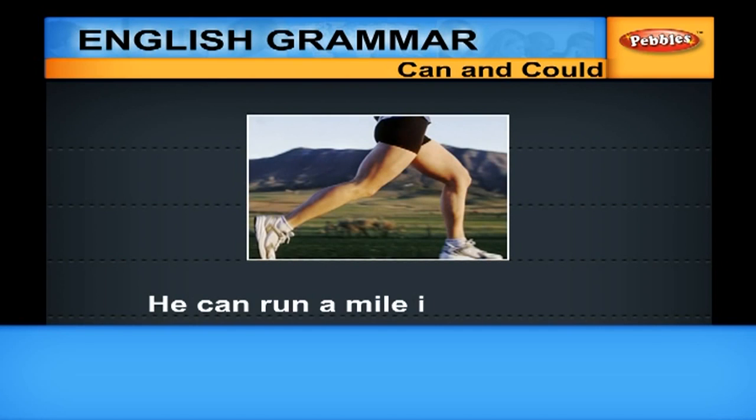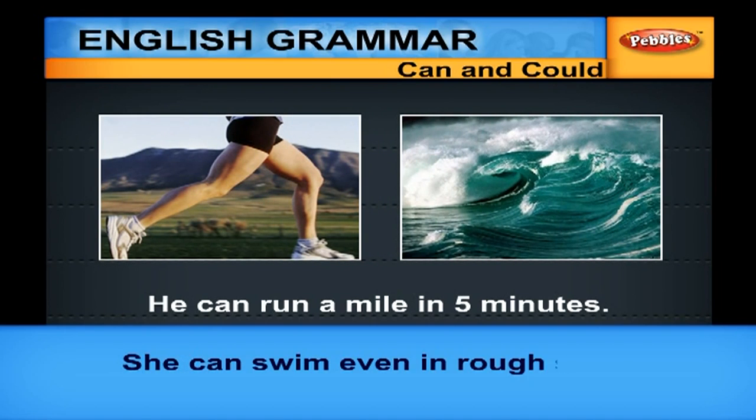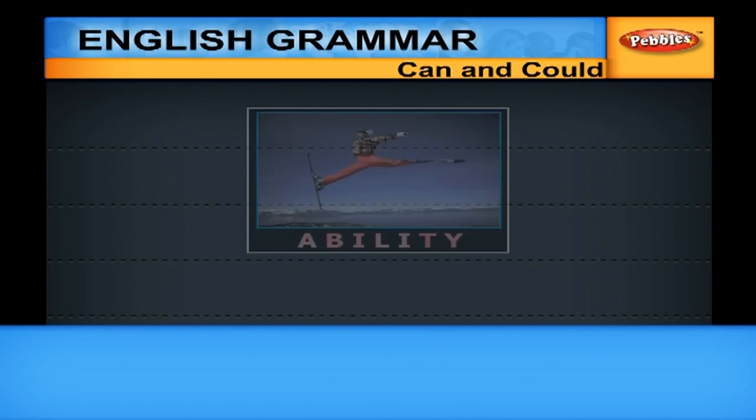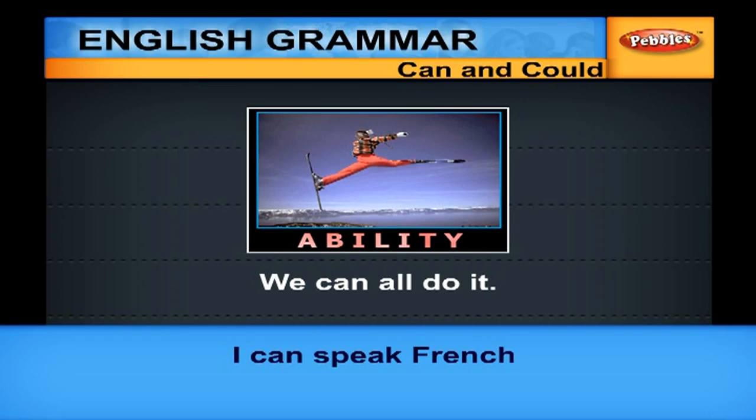He can run a mile in 5 minutes. She can swim even in rough seas. The above sentences express the ability of a person to run or swim. Don't you think so? Some more sentences which express the ability are: we can all do it. I can speak French.